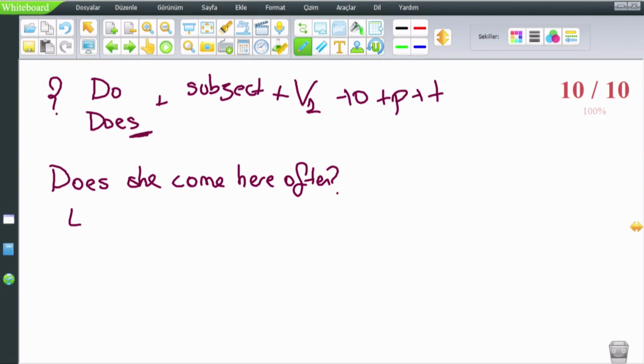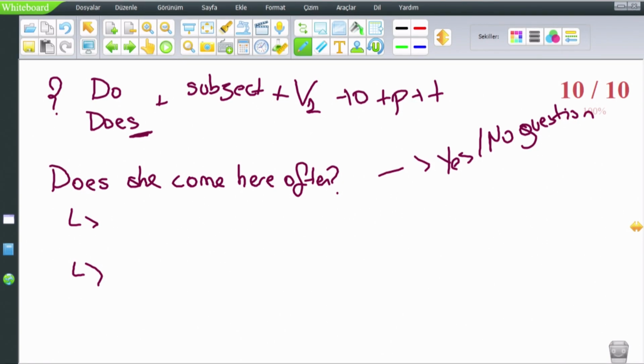For example, this is a typical yes-no question. You can remember it from B1 level. We have studied this. This is a yes-no question because it starts with an auxiliary verb, not with a WH question word. I can answer it in two ways.